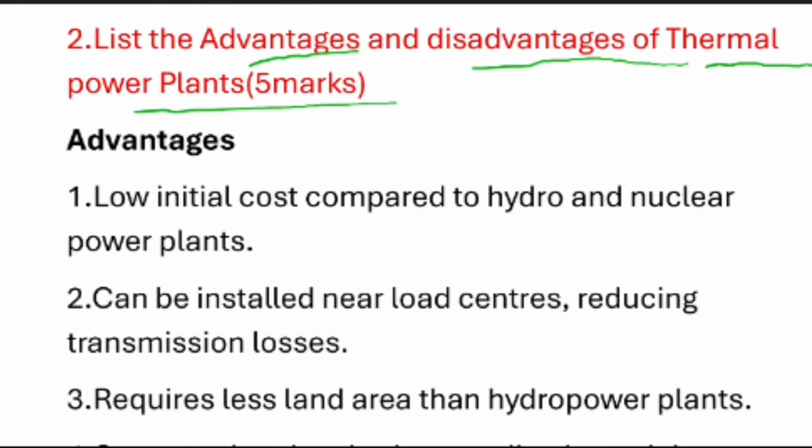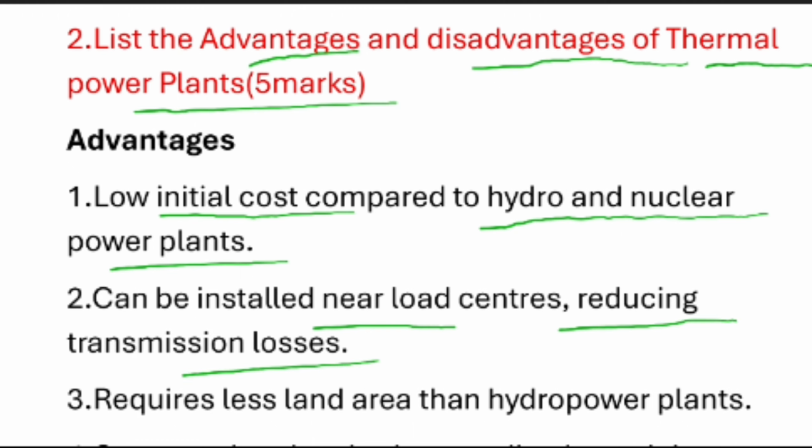What are the advantages and what are the disadvantages? Coming to a thermal power plant, the initial cost is very low compared to hydro and nuclear power plants. Cost wise it is very low. If installed near the load centers, you can reduce the transmission losses.